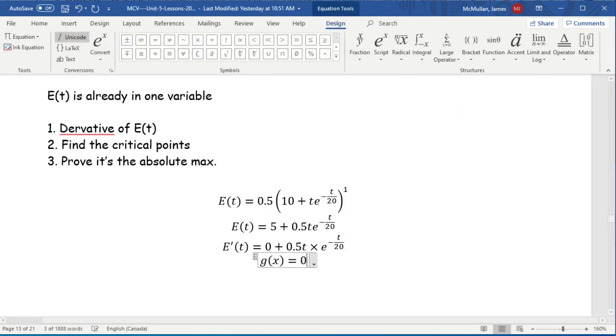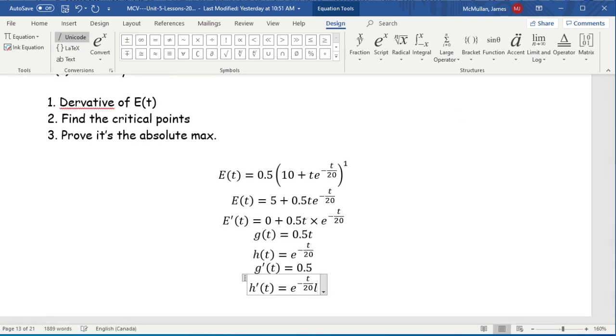Let's say g of t is 0.5t, h of t is e to the power of negative t over 20. And therefore, g prime is equal to 0.5, and h prime is equal to, okay, so we know with an exponential, we copy it out again, we multiply by the correction factor.